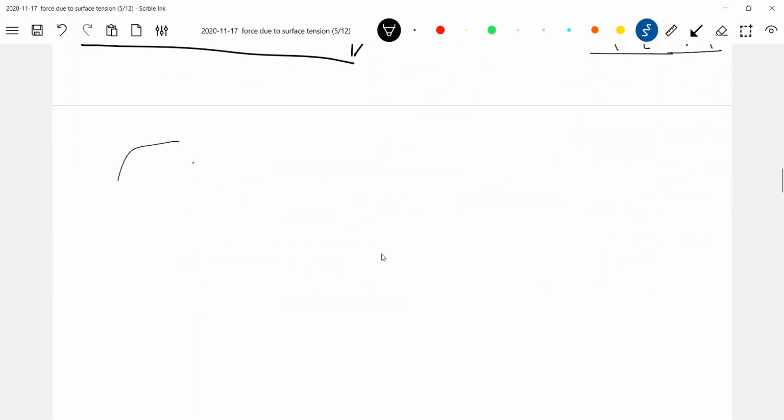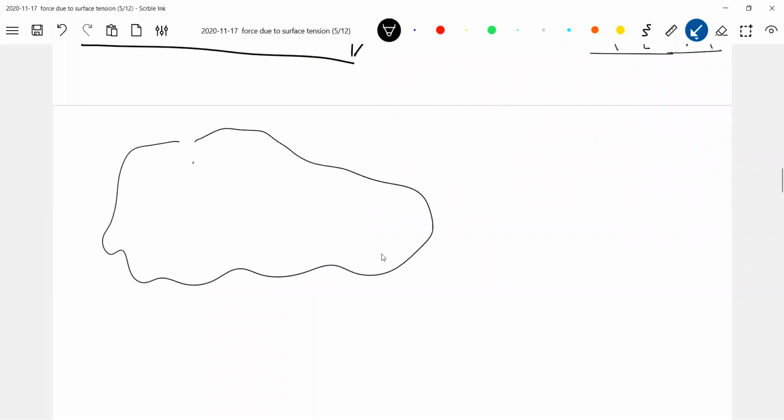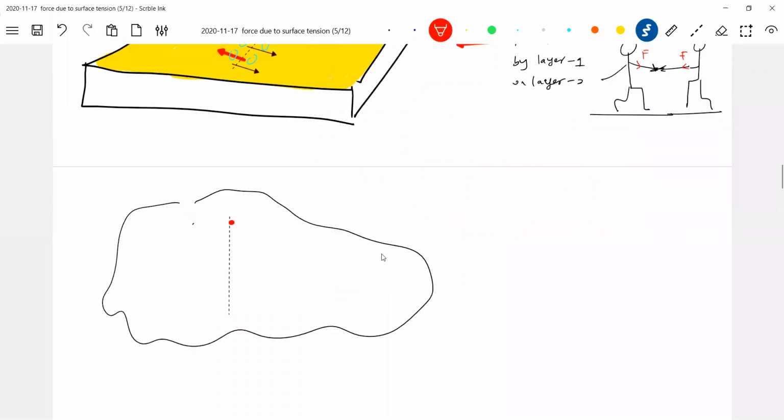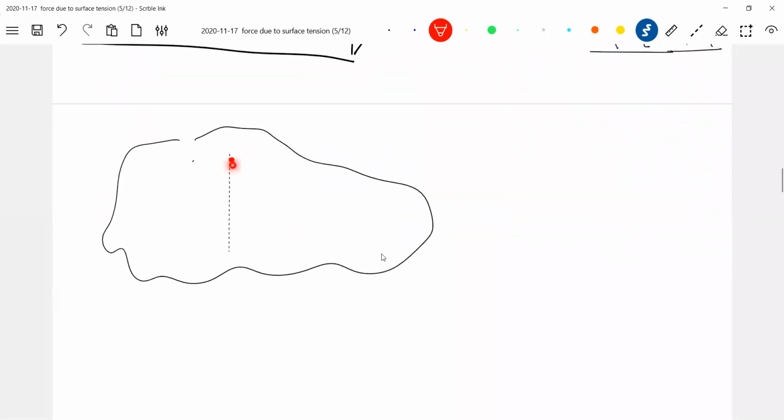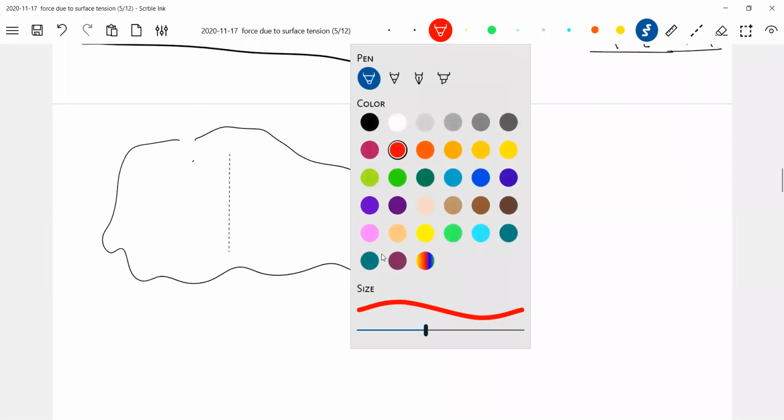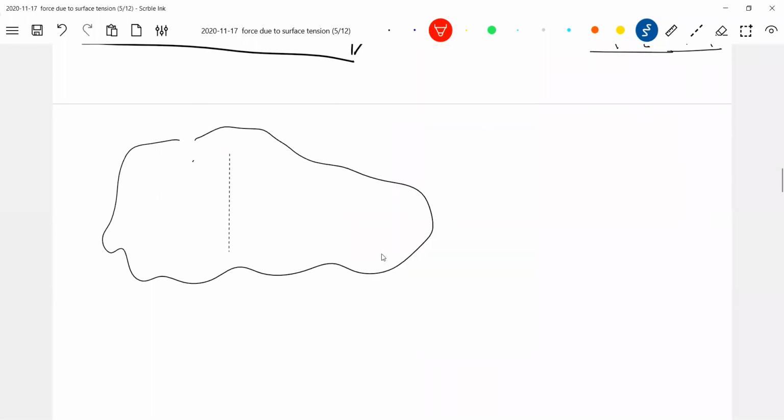If this is the free surface of a liquid, they have drawn one imaginary line and shown the forces here. We took red color towards the left. They didn't show all the arrows, so it'll be like this.